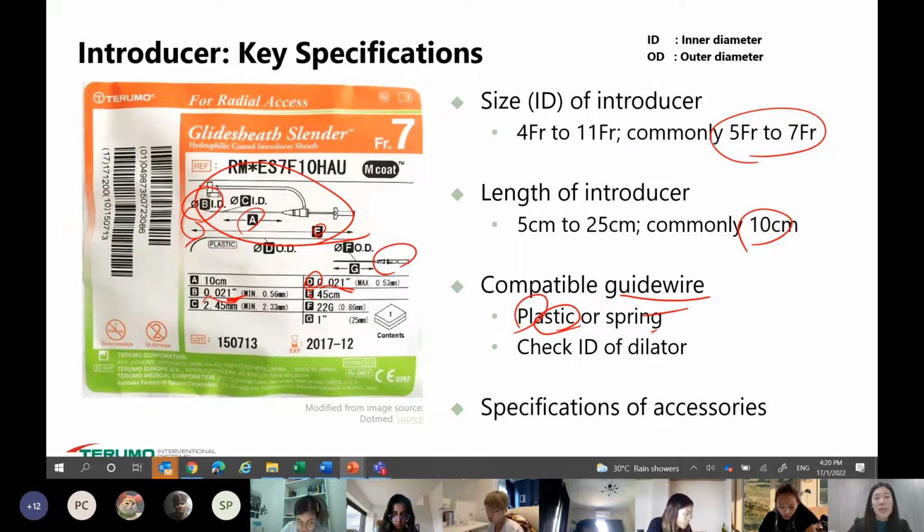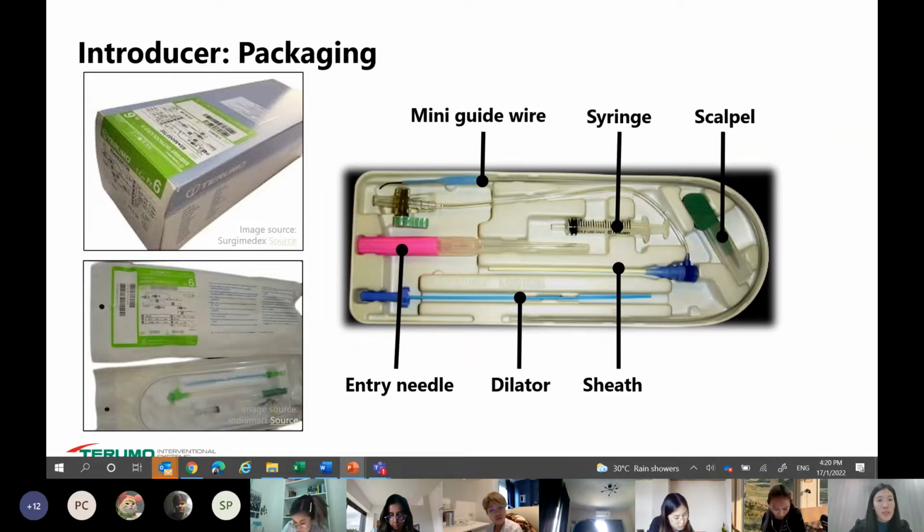The needle doesn't necessarily come with the package, because the doctor can use his own needle to do the puncture. But we need to know whether the guide wire provided is a plastic or spring one, so that the doctor will know what puncture needle to use. Of course, other specifications will be indicated here, like the puncture needle size and so on.